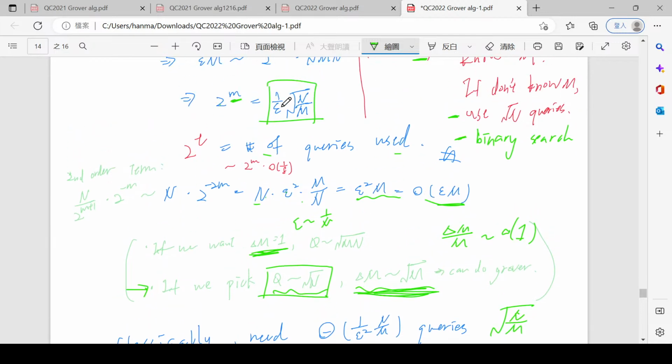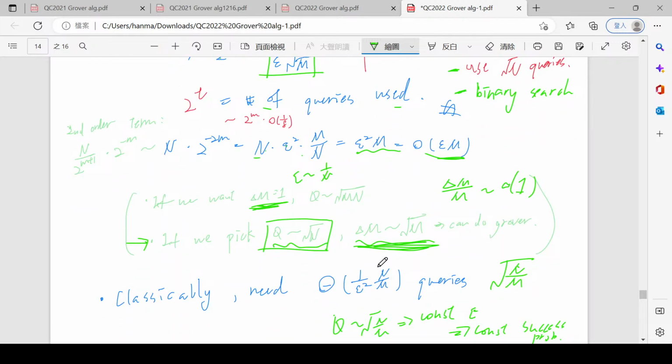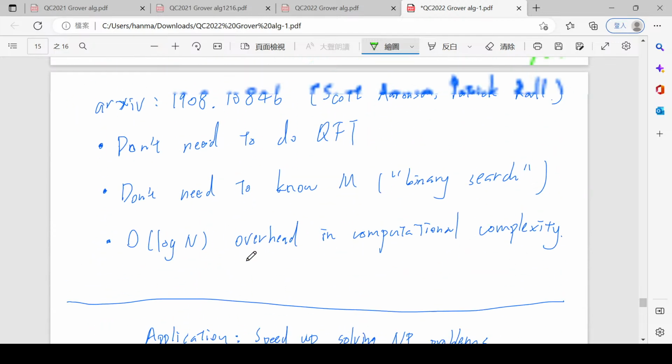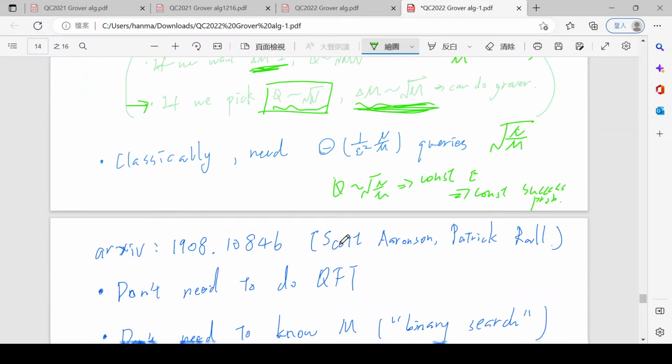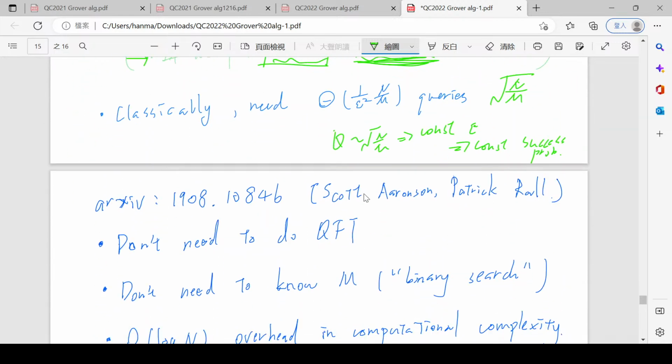So classical is actually just everything squared. You can prove that. If classically you want to count how many ones are in your oracle, then you need 1 over epsilon squared over m. And so next time we'll do a little read up about the new research result. Basically the most important thing is you don't need to do QFT.